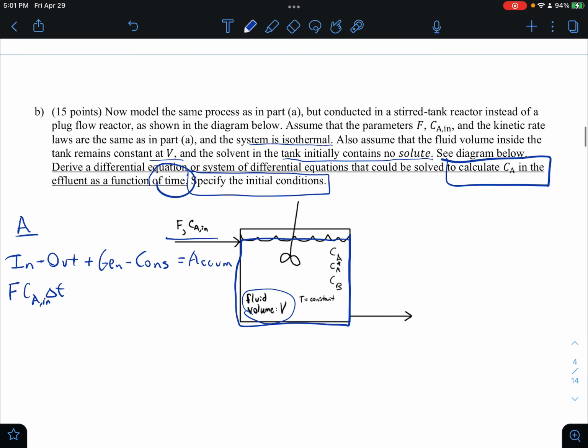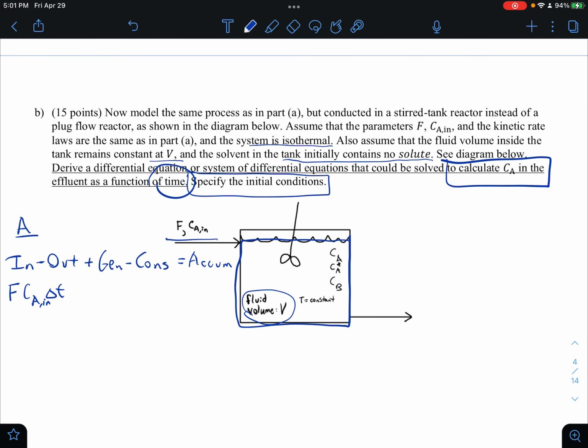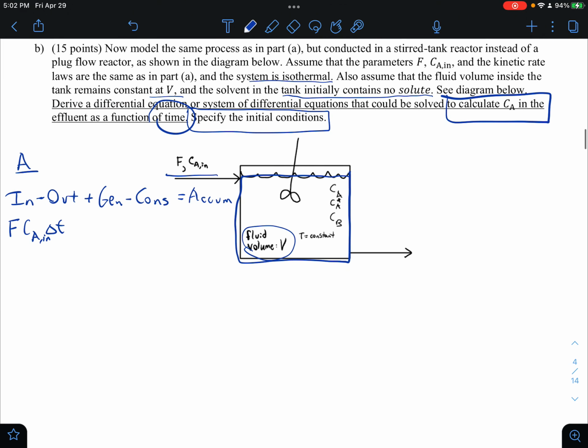The output, we're told that the volume isn't changing. It's constant at V, so the output has to also be F. So the output of A is going to be minus F CA. That's not the same as CA in, because it's the concentration of A in the tank itself.